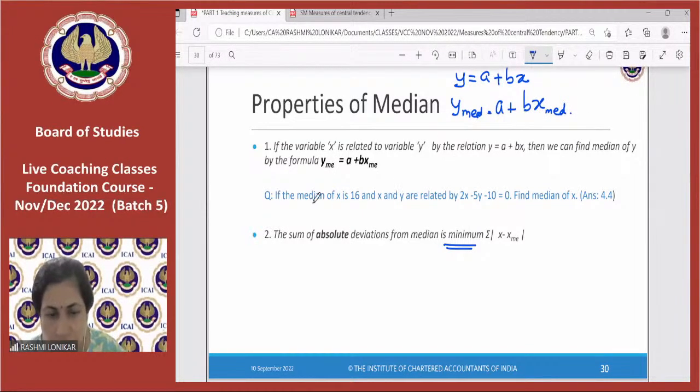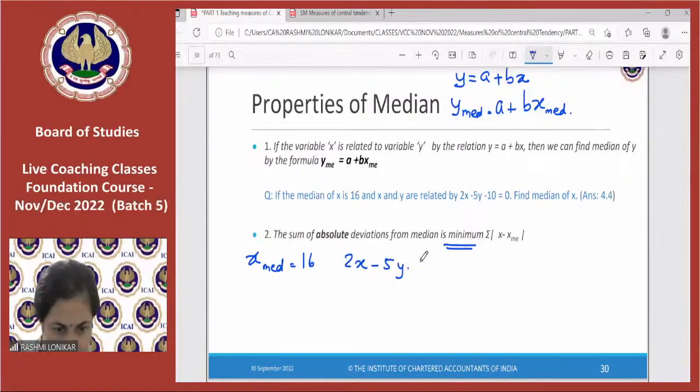So let us now try to do the sum. I have been given x median to be equal to 16, and x and y are related by 2x minus 5y minus 10 is equal to 0.